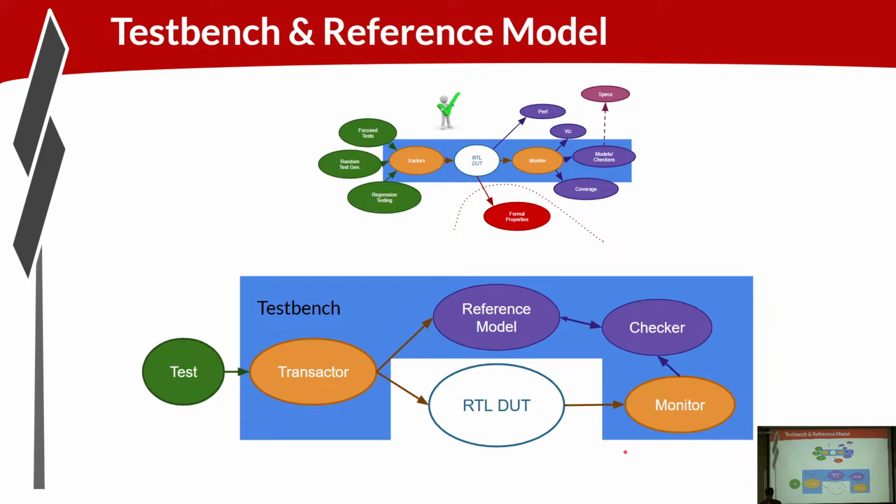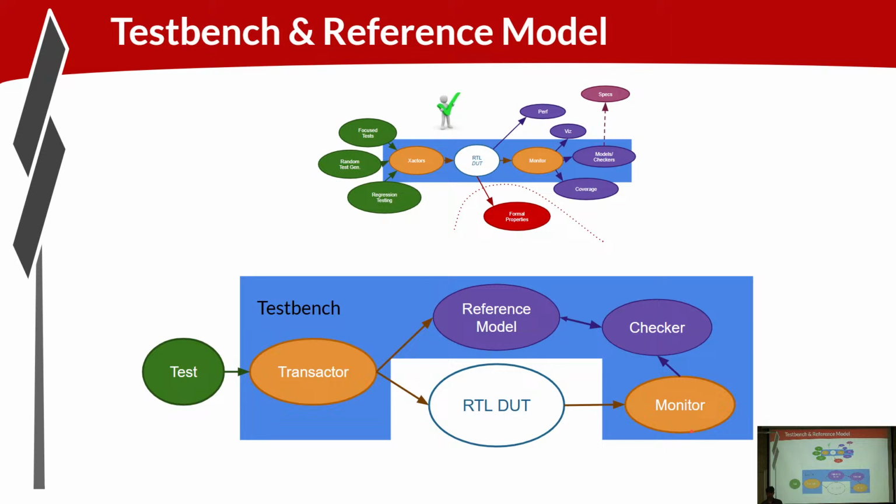So what you can do to improve that is build models. First of all, you stick a monitor on the RTL that's up-leveling the interpretation of the pins a little bit. So you're not specifically checking pin accuracy, but your monitor is interpreting those pins at a higher level of abstraction so that your reference model doesn't have to incorporate that.